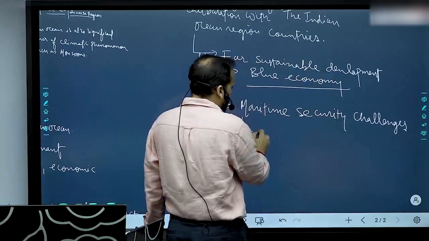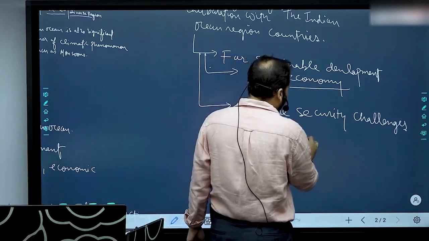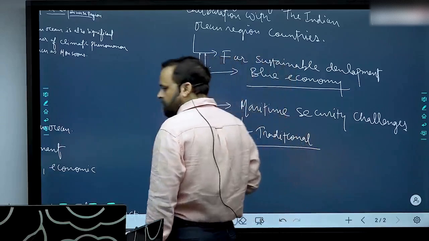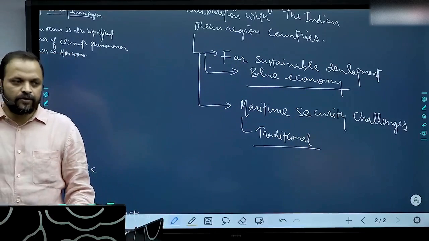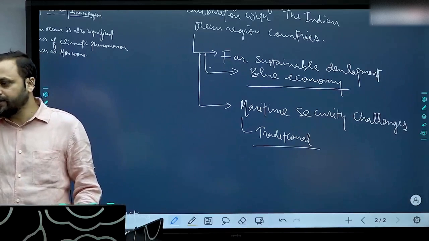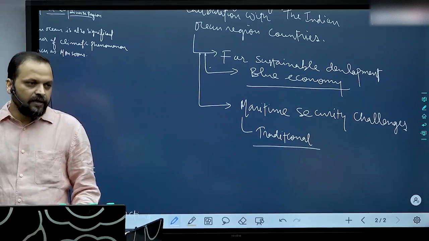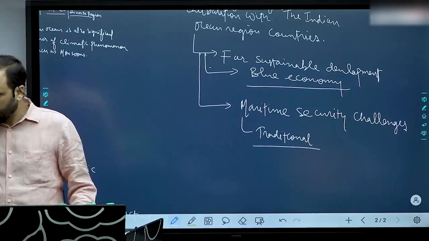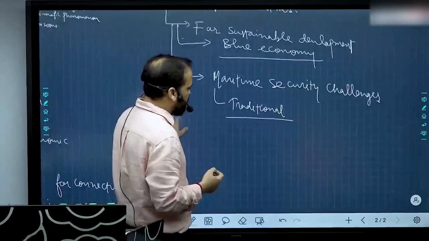which is what? Which can be traditional. Traditional security challenges would always be challenges coming from states. All right? Naval competition, warfare. अगर ऐसी कोई सिचुएशन है वो ट्रेडिशनल सिक्योरिटी चैलेंज है, राइट?